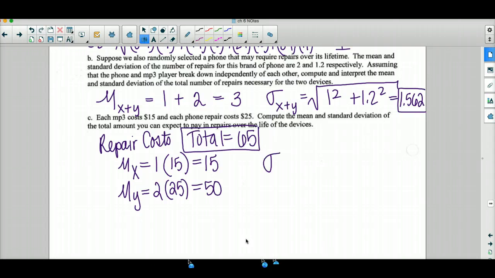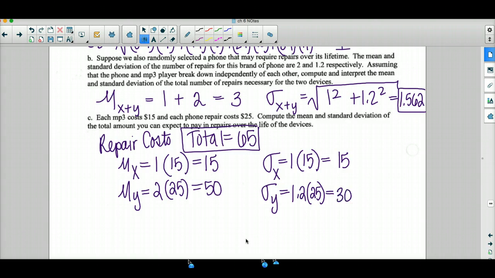The standard deviation for X is 1 times the cost. The new standard deviation is 15. The standard deviation for Y is 1.2 times the cost. So the new standard deviation is 30.